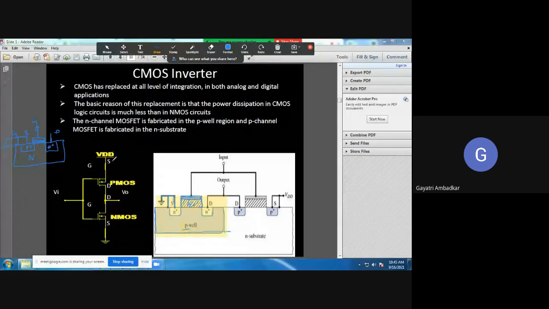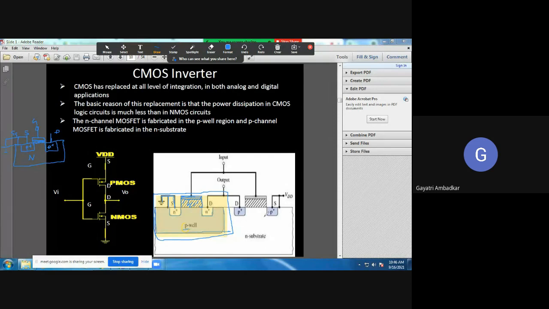Now in CMOS, complementary MOS, you are using both PMOS as well as NMOS. So how is this CMOS formed together? Because you know, if you want to form PMOS, you need the substrate of N-type semiconductor. Is it clear? You learned the formation of NMOS. This is your NMOS. If you want to make PMOS, you need a substrate of N-type semiconductor, and the source and drain of P-type semiconductor, right?